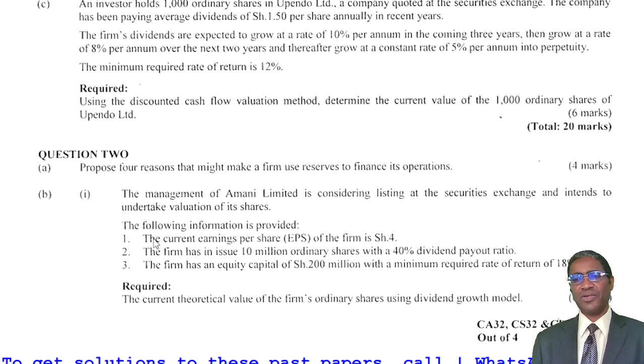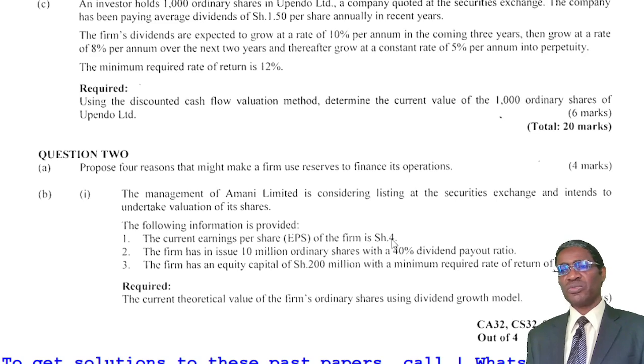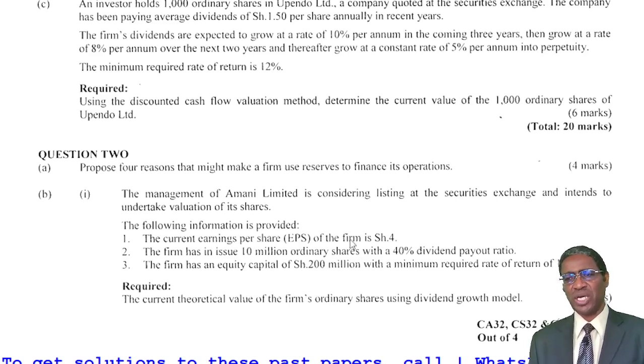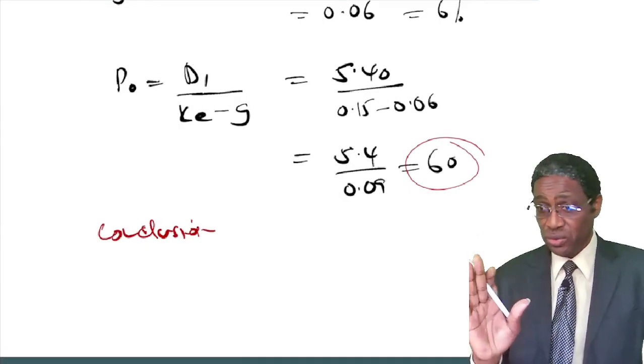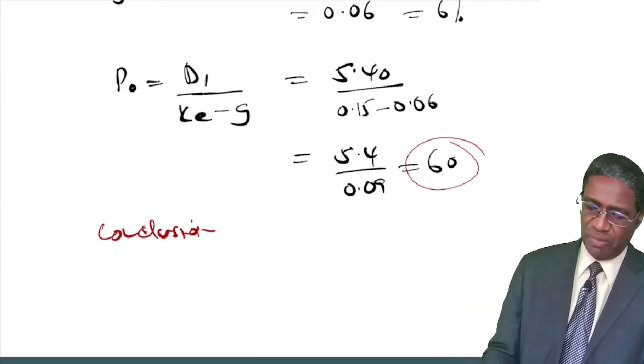Listen, note number 1, they have an earnings per share of 4 shillings. The dividend payout is 40%. We know the formula.